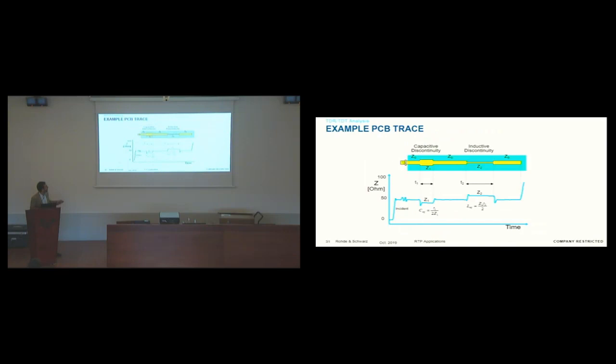So for instance, this is an example of a PCB trace with different impedances. When we send the wave into the PCB, we'll get something like this. So with the incident wave, we have the initial step, and then we get different reflected waves with different step values.